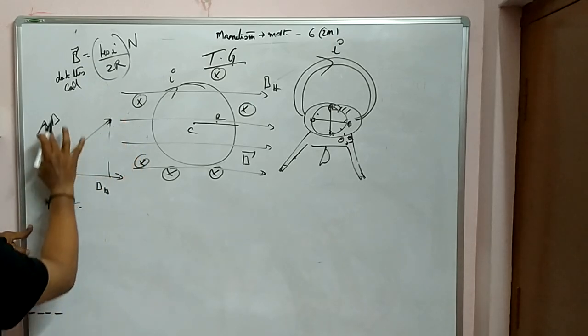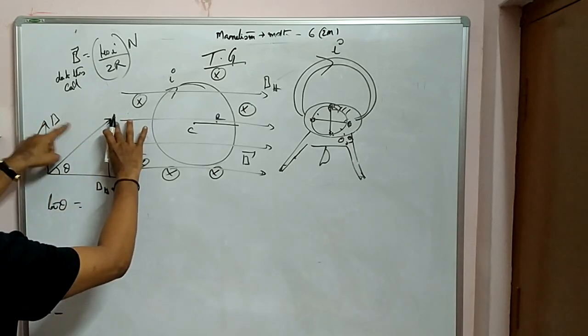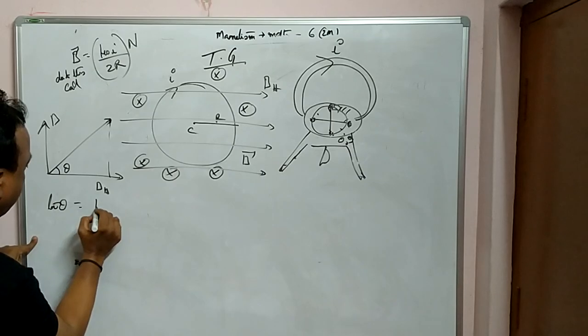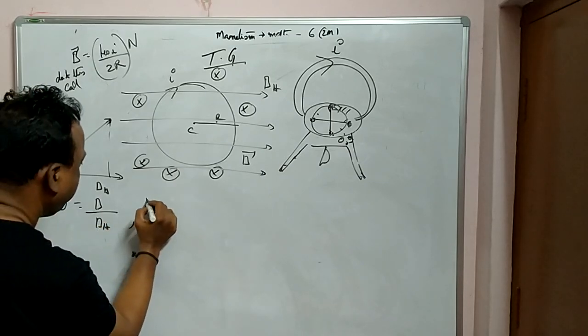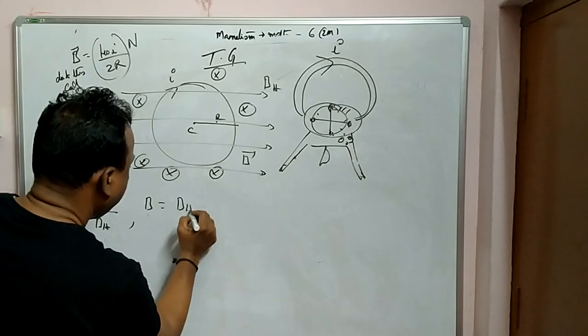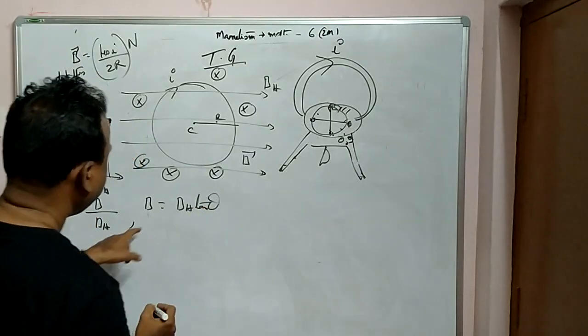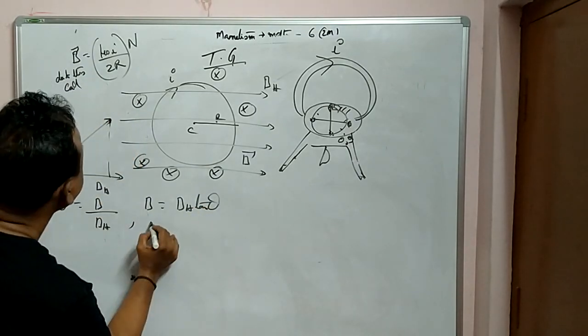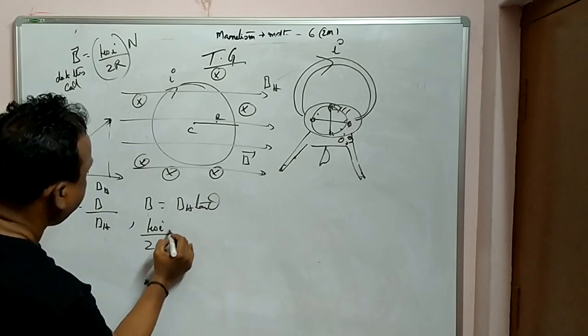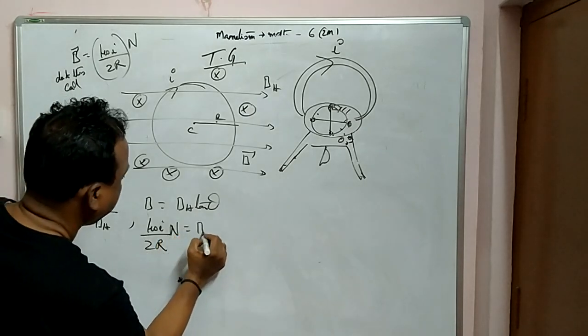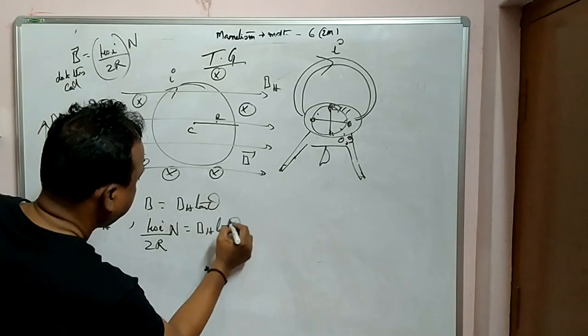Opposite by adjacent. This value is B, so tan theta is opposite by adjacent, or you can write B is equal to BH tan theta. This B is due to the coil. Mu naught I by 2R into N is equal to BH into tan theta.